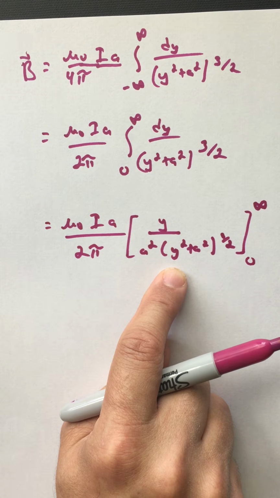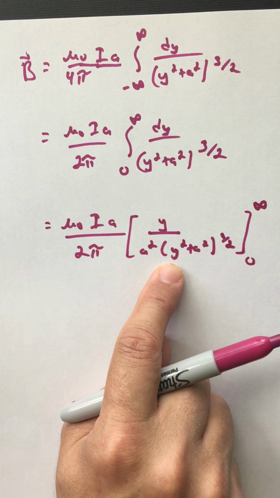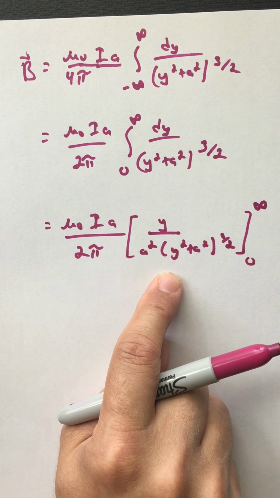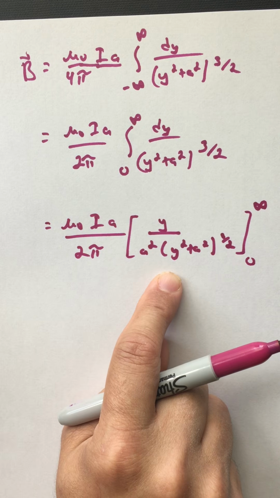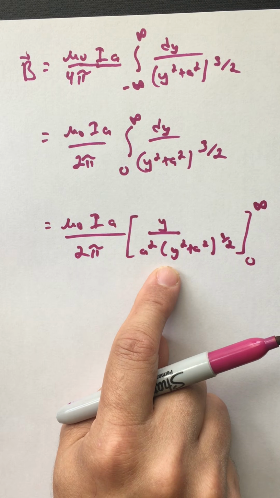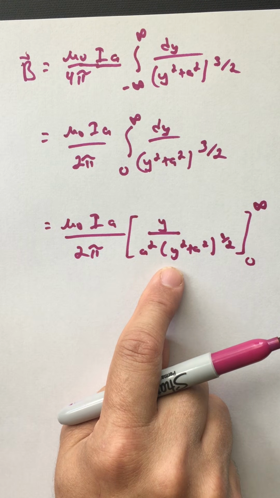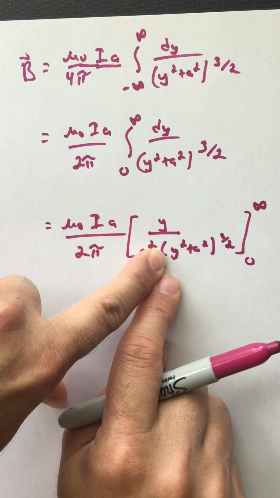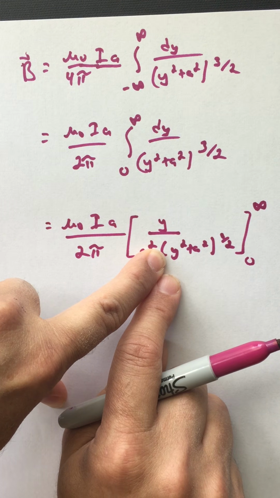Think about it. If y is a billion and a is 2, then you've got a billion squared plus 4. Isn't that about a billion squared? And as y gets bigger and bigger, that effect gets more and more pronounced. And so if I take the limit here as y approaches infinity, I get y over the square root of y squared, which is just y.